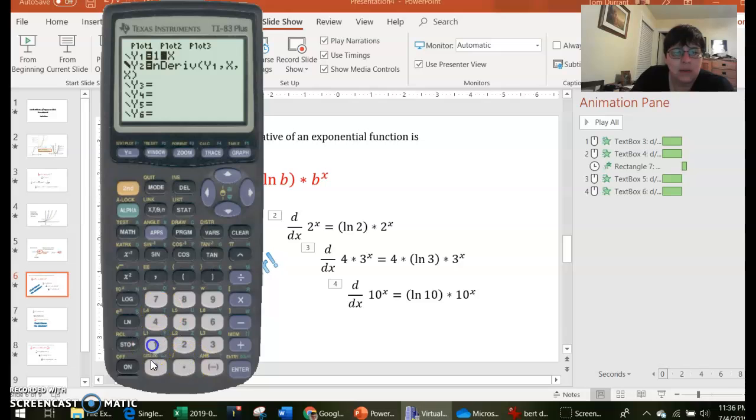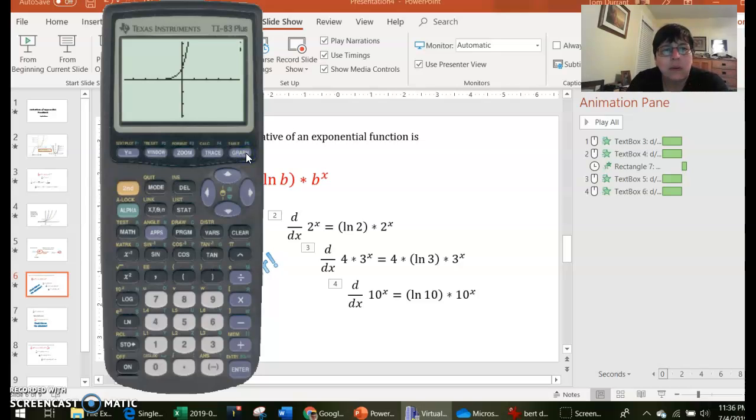So let me change it to 10 raised to the x power. So it's going to go up fast, and I think we're going to need to expand this window.